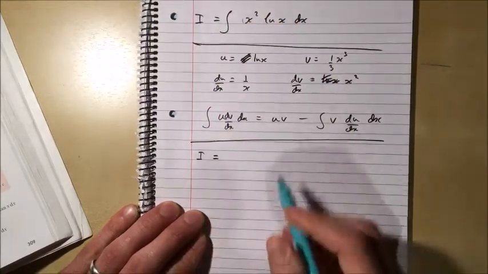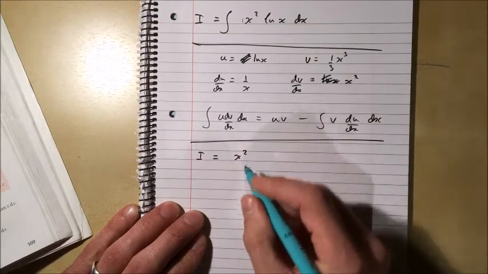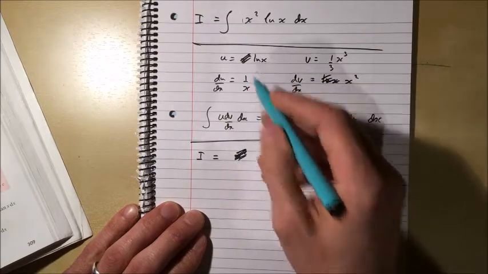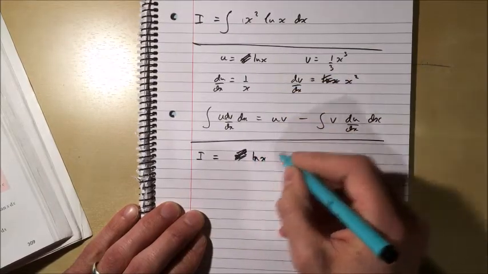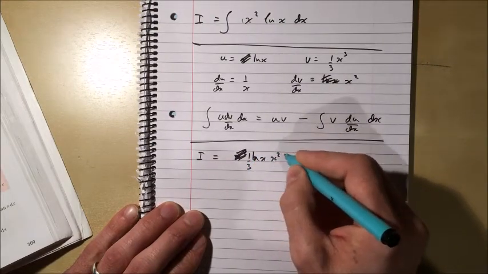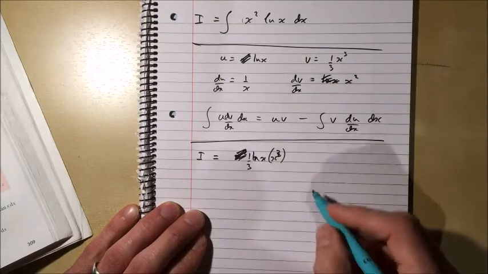My integral equals uv, which is that one times that one, isn't it? Oh, got to be careful with this formula. It's a fiddly formula, easy to get it wrong. Natural log of x times 1/3 x squared. It's 1/3 x cubed even, oh my goodness. So 1/3 natural log of x, x cubed.